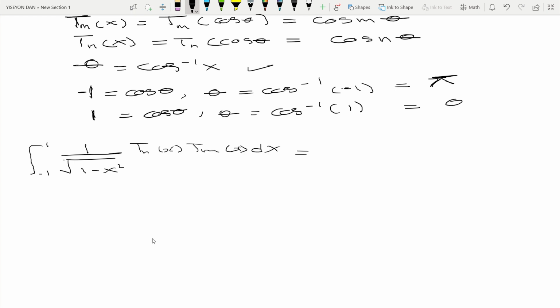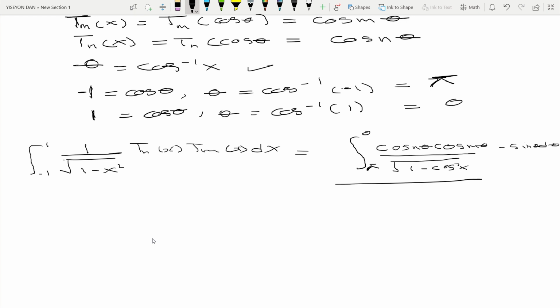We can write it as the integral of pi to 0, and Tm(x) is cos m theta, multiplied by cos n theta over square root of 1 minus cos squared theta, since x is already cos theta, multiplied by dx. dx is minus sine theta d theta. We have successfully rewritten our integral to this format.